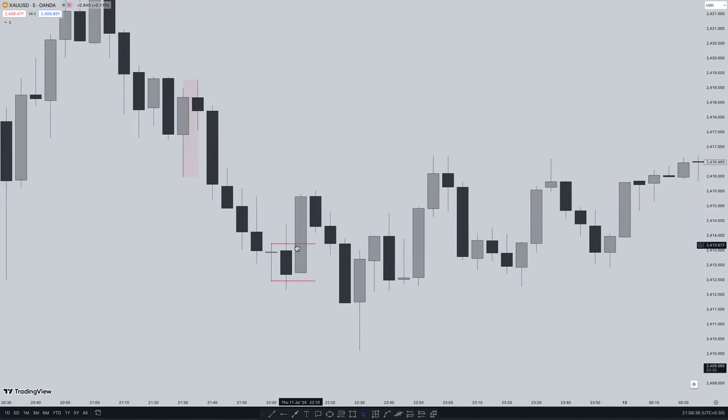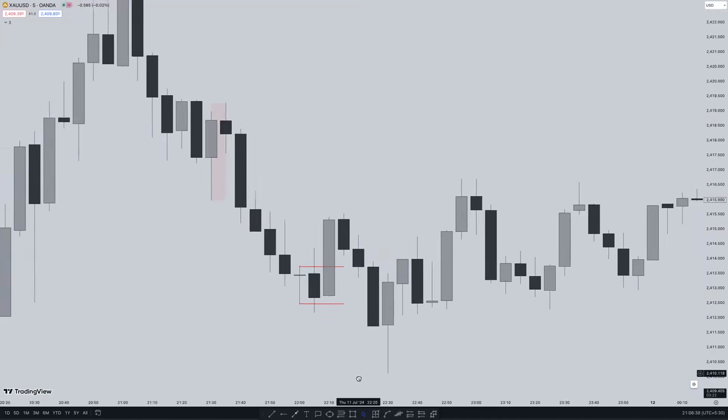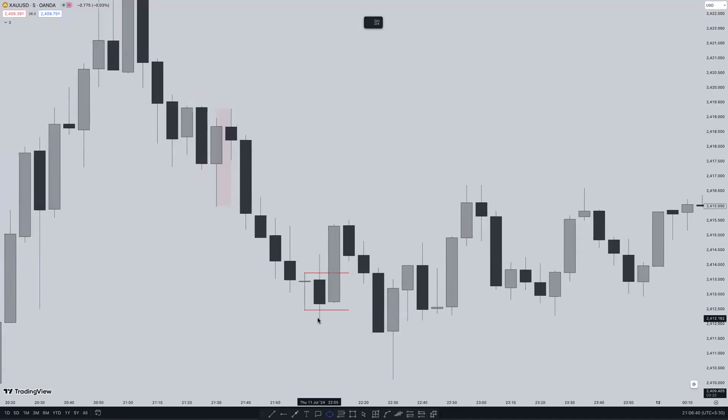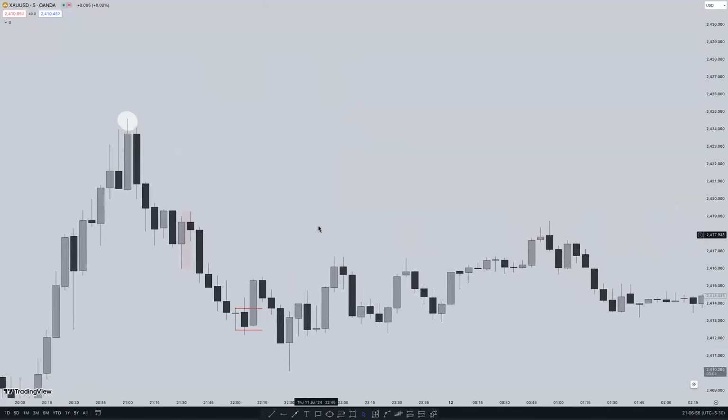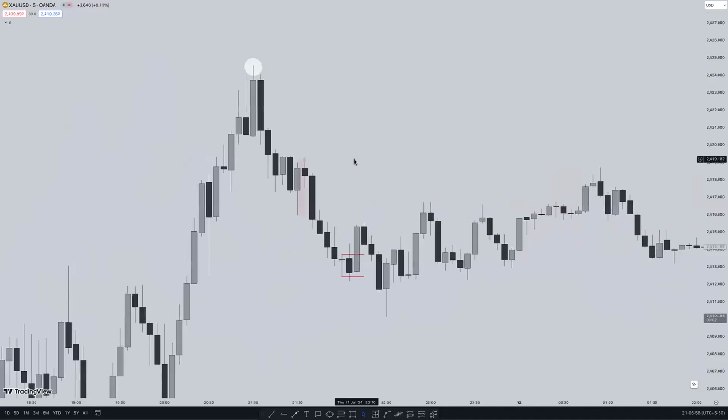Doesn't matter. Again, break this one and let's mark this as our previous low. I'm sorry. Let me mark this one here. Hold on.